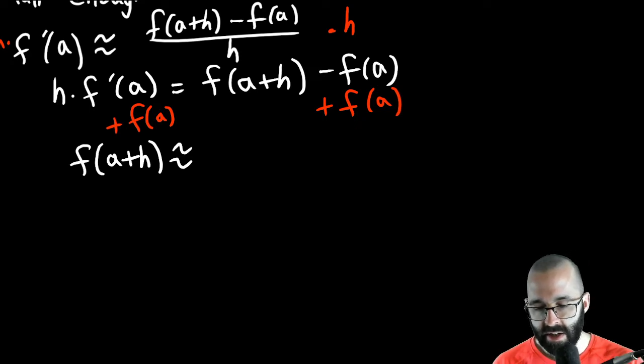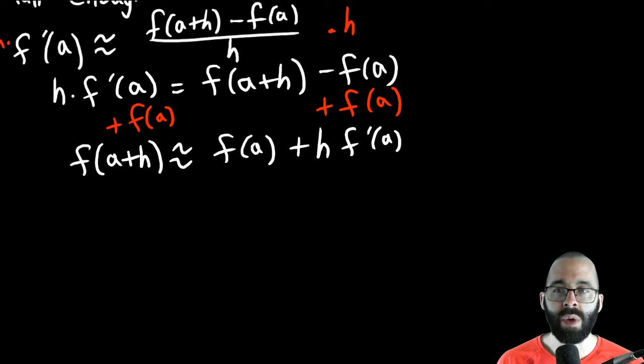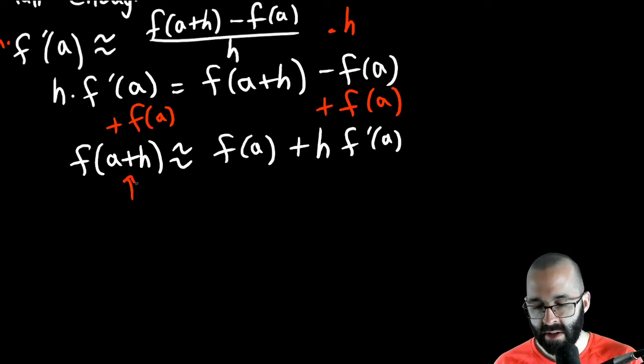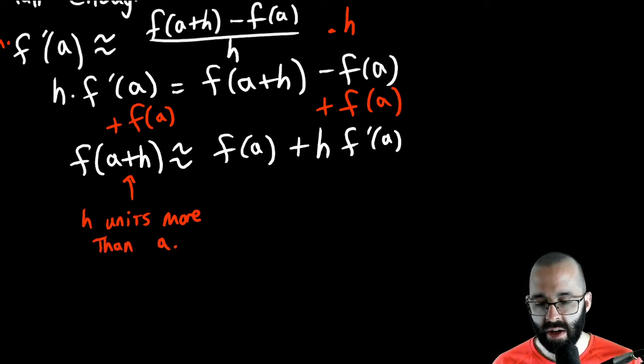That's going to be f(a + h) ≈ f(a) + h times f'(a). If we want to approximate something close to a, h units more than a, and know how the function behaves, we can approximate it by looking at where we're at, and then adding some multiple of the derivative.